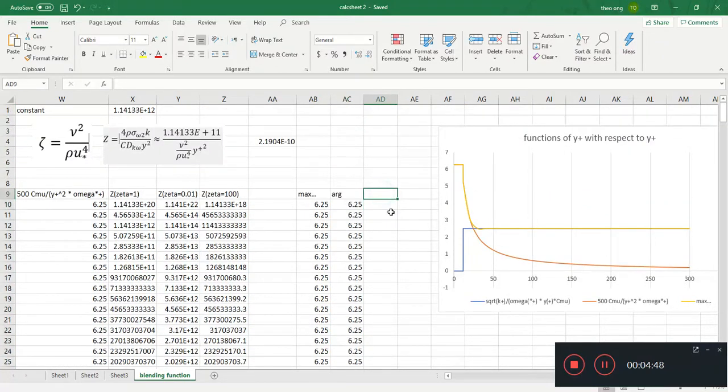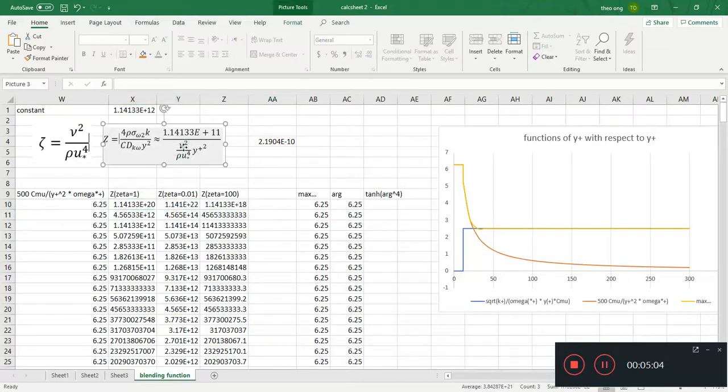And then we try to have a tangent of the argument to the fourth. I'm just taking zeta as 100. Of course, if you increase your zeta, you increase this numerator value, and it will change the results a little bit.